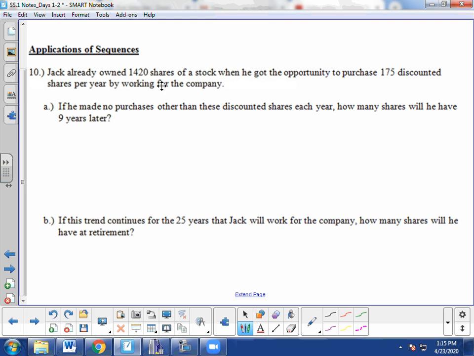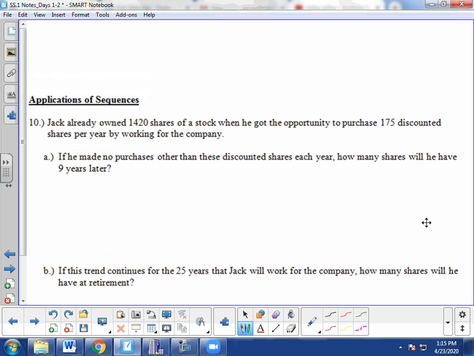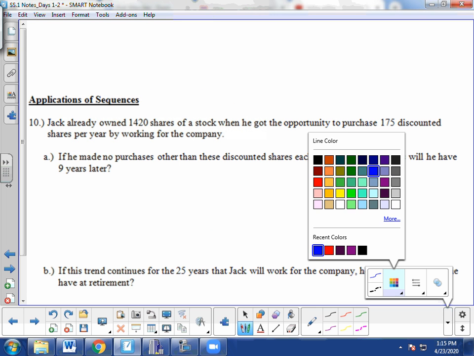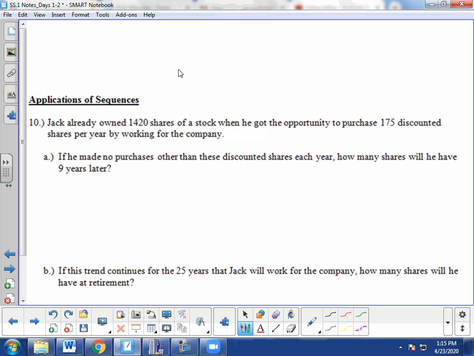We probably don't want to do this 25 times. So what we can do here is set up a sequence, and then from that sequence, a series, because we're going to be adding the number of shares that he has together. Sorry, let's back that up. Let's just set up a sequence and not worry about a series here.